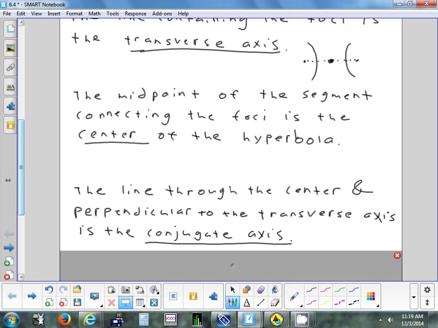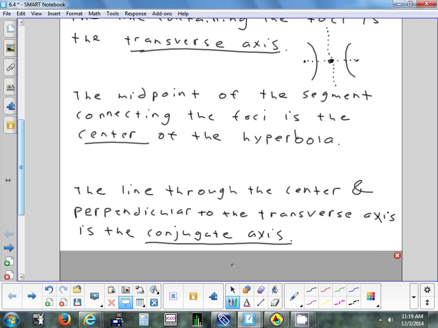Okay, the other axis, instead of like major and minor, like we have with an ellipse, the transverse axis goes right through the foci. The conjugate axis goes the other way. So the conjugate axis never touches the hyperbola. It goes right down the middle. That dotted line I just put in, that would be the conjugate axis.